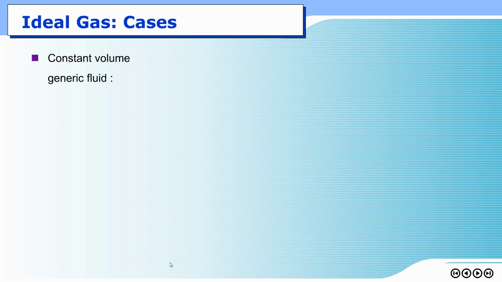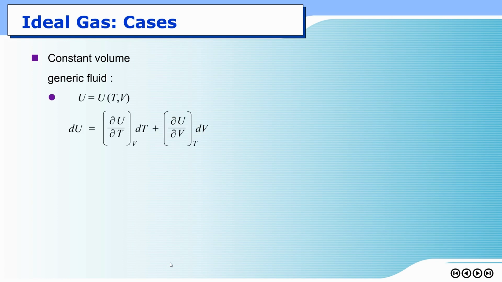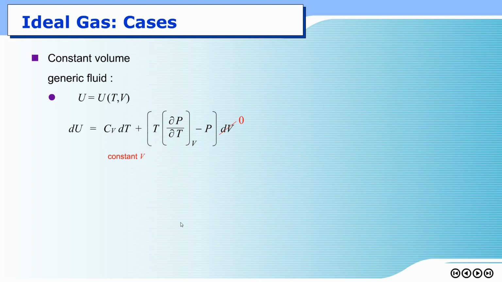For a generic fluid, as long as it is gas or single phase, single component, the degree of freedom is 2, then you can use this equation, and the first term becomes Cv, the second term becomes these groups. Okay, if the volume is constant, then dV becomes 0, and then you will end up with dU equal to Cv dT.